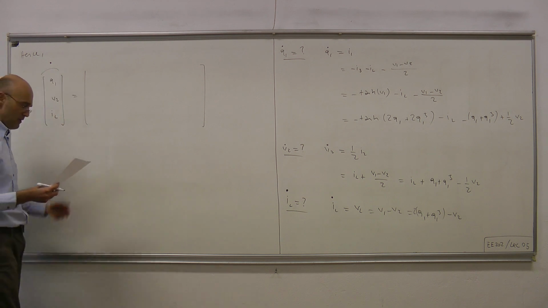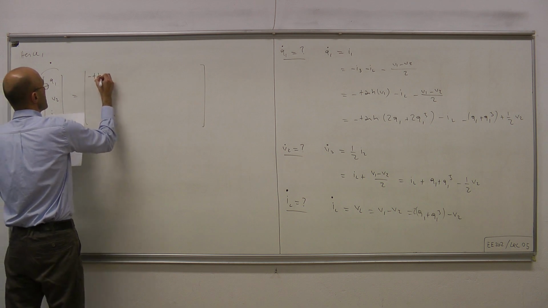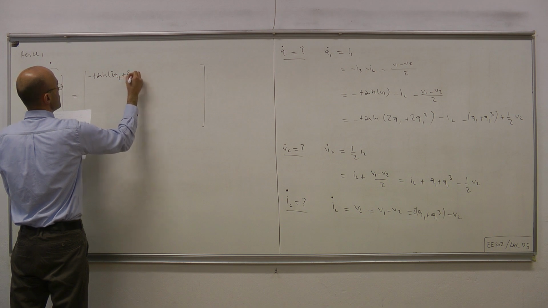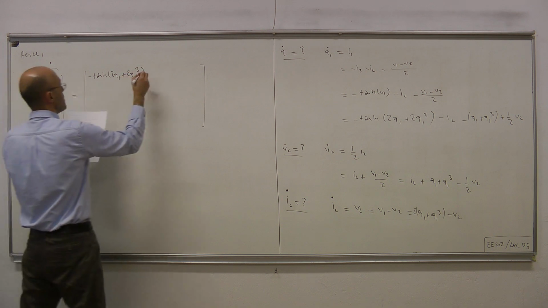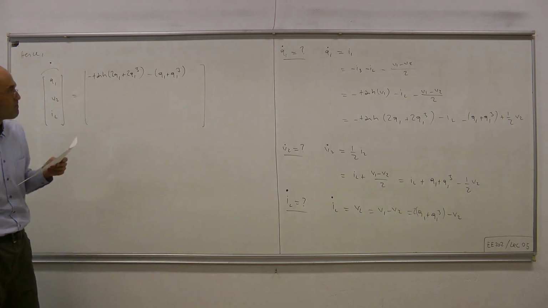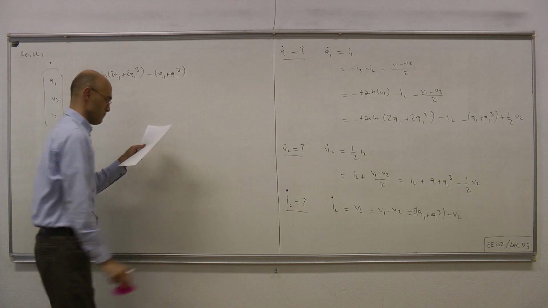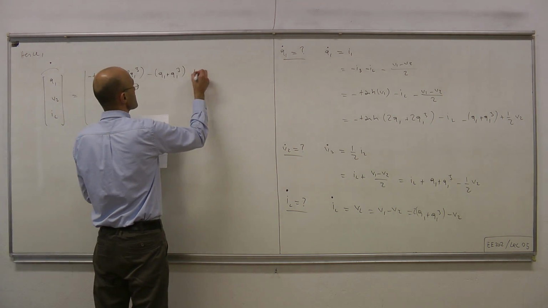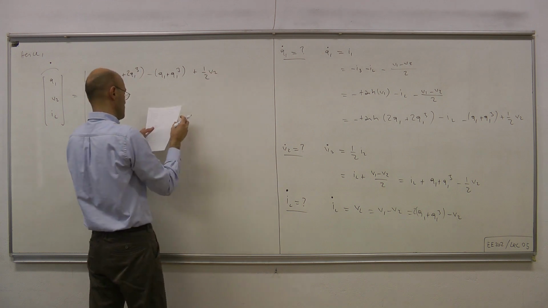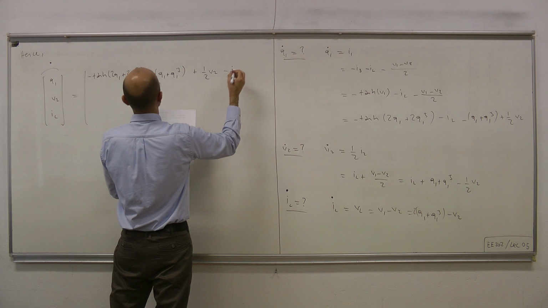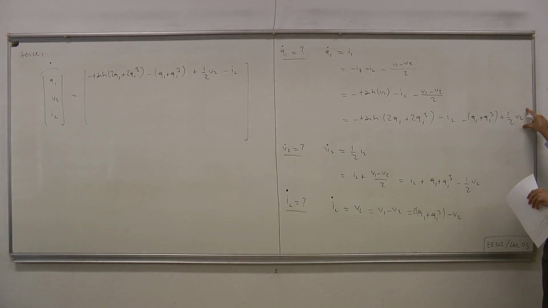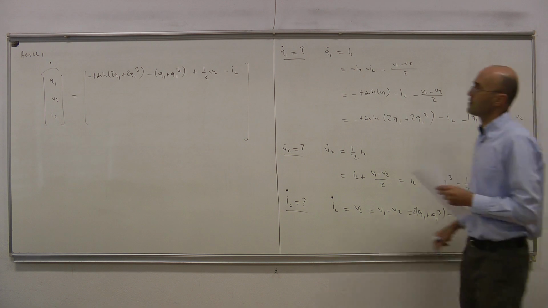The first entry of that vector is minus tanh(2Q1 plus 2Q1 cube) minus (Q1 plus Q1 cube) plus 1/2 V2 minus IL. Basically, we just copied this right hand side in the first equation.